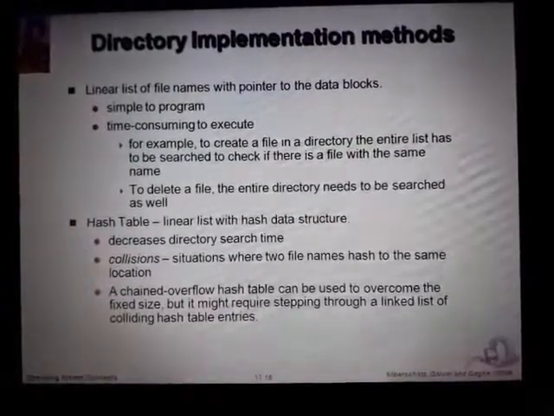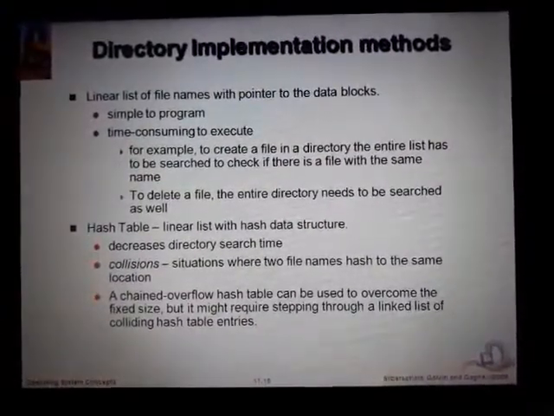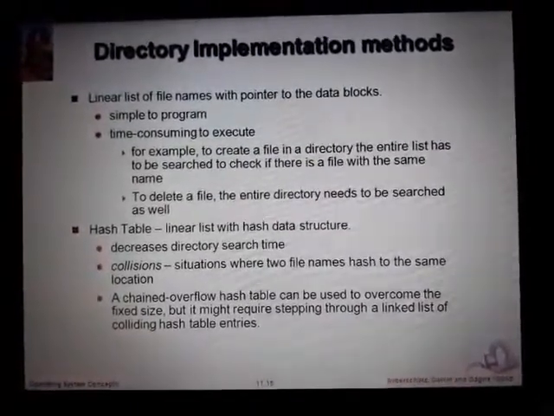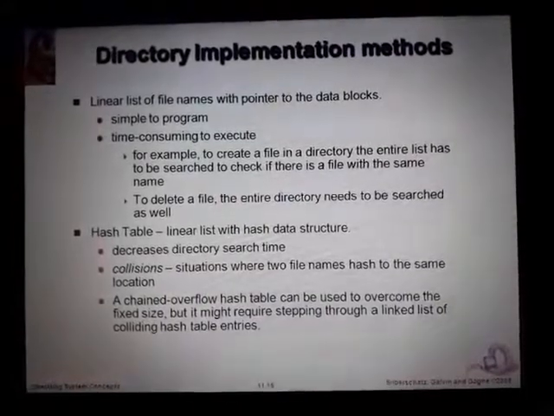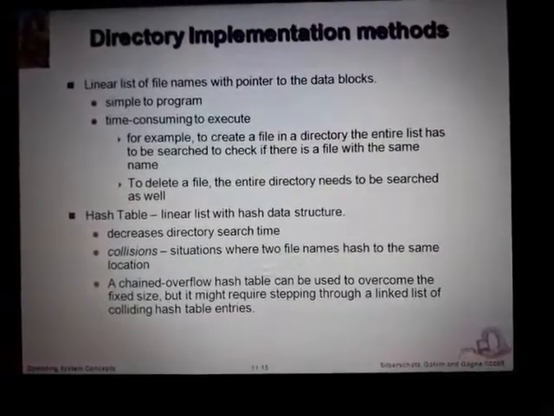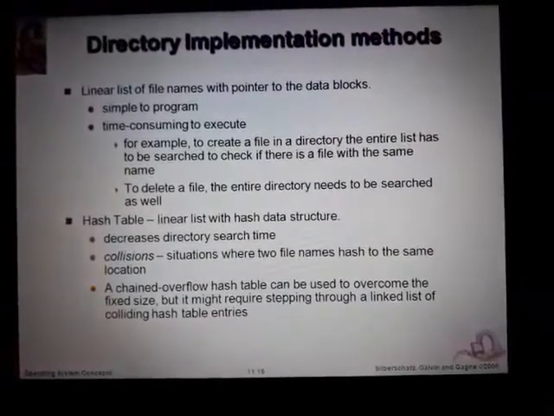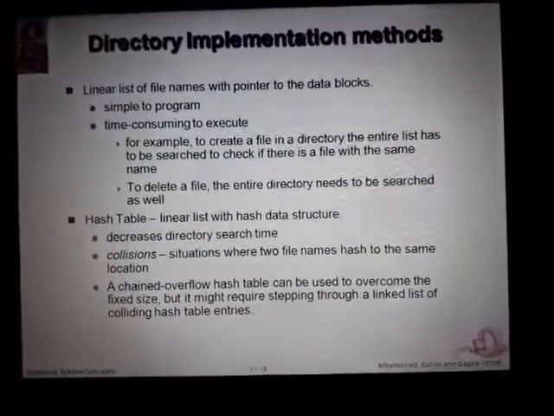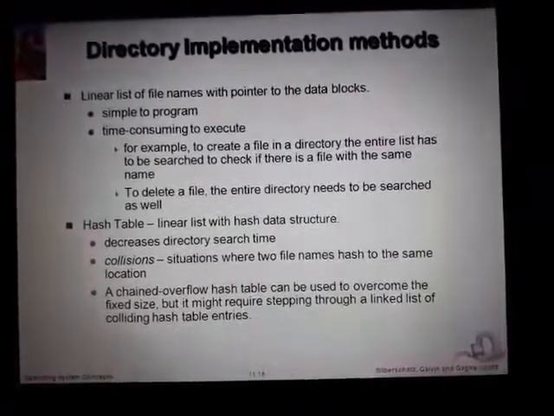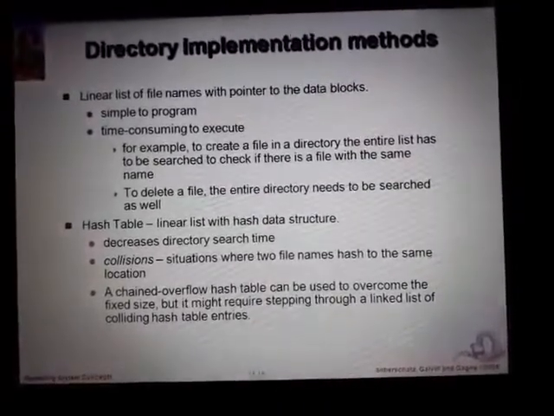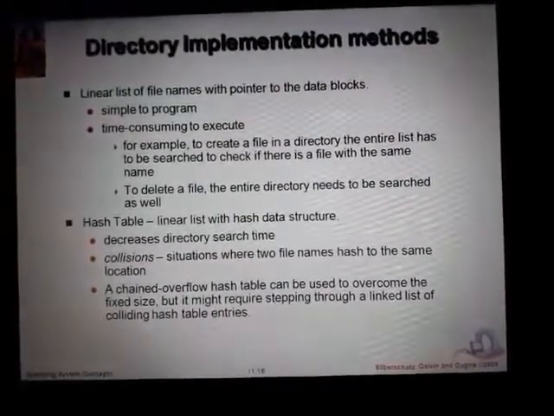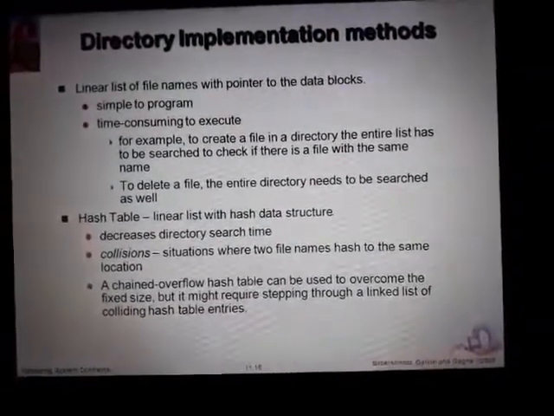Collision. Collision is a situation where two file names hash to the same location. So if two file names exist, then both are hashed into the same location. A chained overflow hash table can be used to overcome the fixed size, but it might require stepping through a linked list of the colliding hash table entries. So if there is a collision, that is, if two or more files hash to the same location, this problem can be solved.